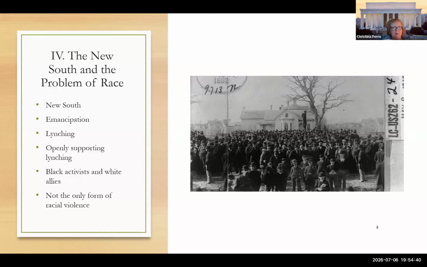Lynching was not the only form of racial violence, as we will see, that survived Reconstruction. While political violence continued to follow African Americans, political participation and labor organization were severely circumscribed. When popular insurgency created new opportunities for Black political activism, white Democrats responded with terror.